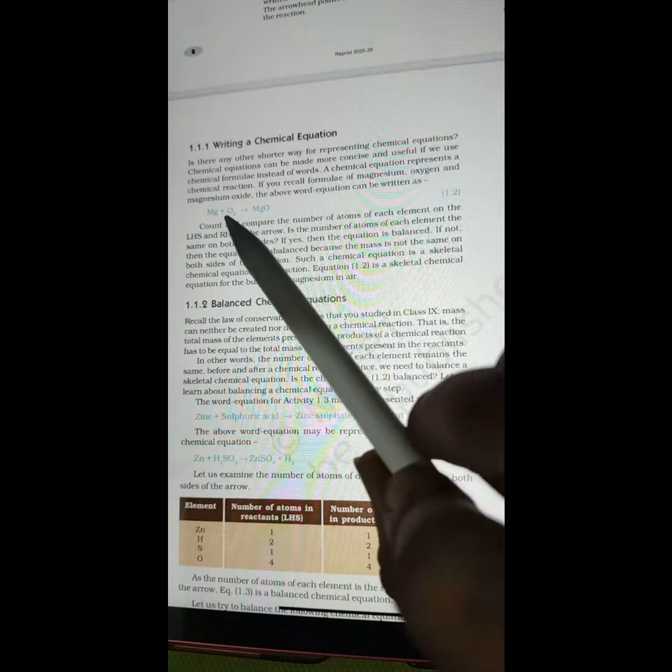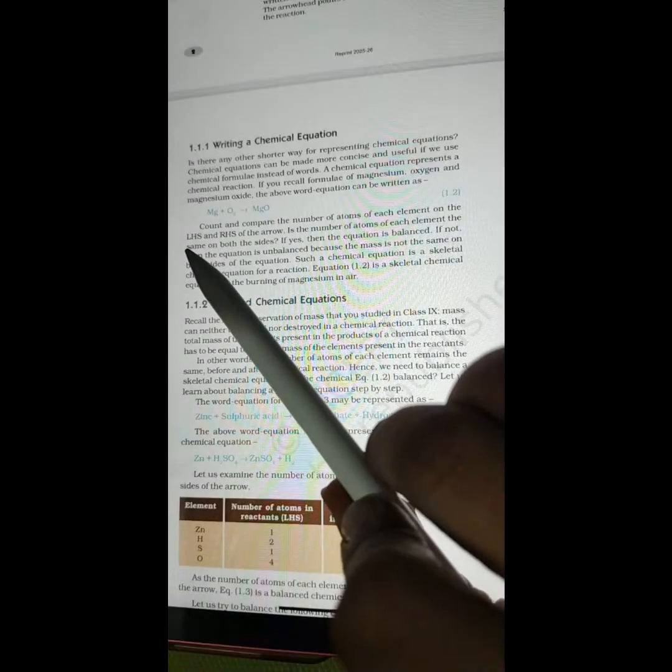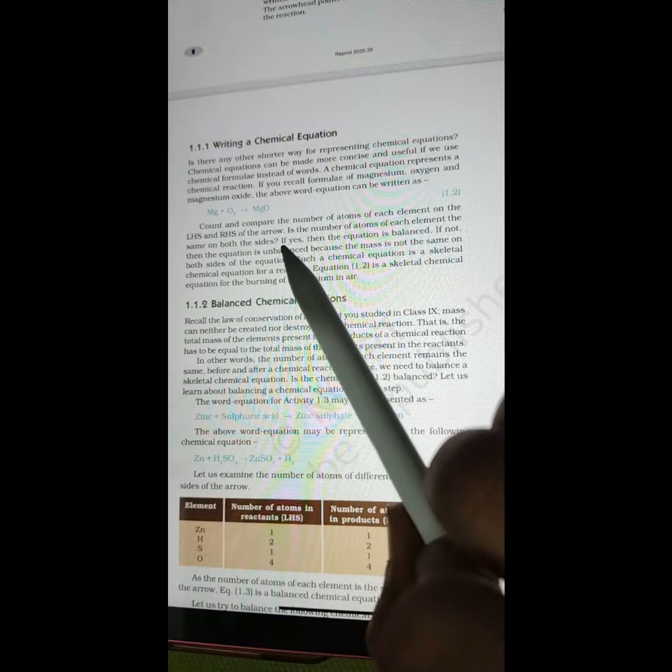If you recall the formula of magnesium, oxygen and magnesium oxide, the above word equation can be written as Mg plus O2 will give MgO. Count and compare the number of atoms of each element on the LHS and RHS of the arrow. Is the number of atoms of each element the same on both the sides?